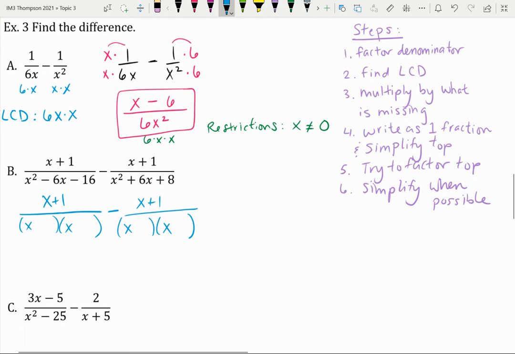We don't really need to be adding any more steps to this process. So on the left-hand side, you're looking for two numbers that multiply to 16 and add to negative 6.